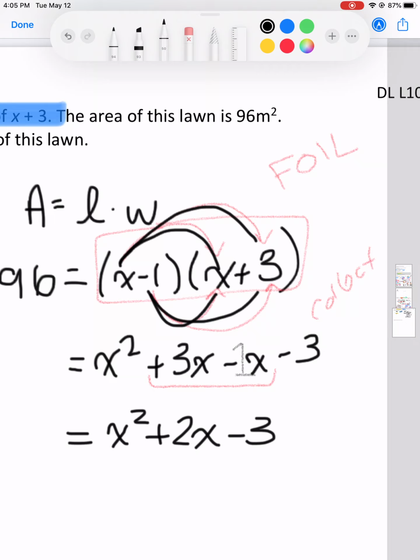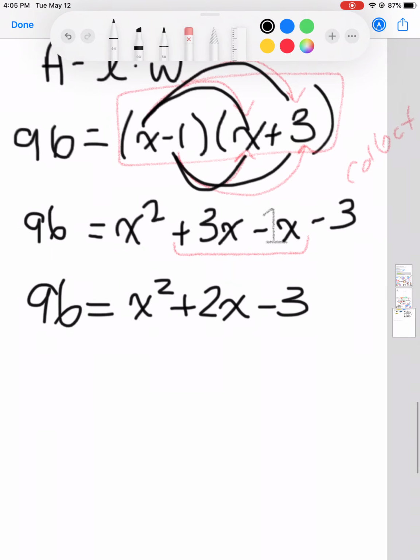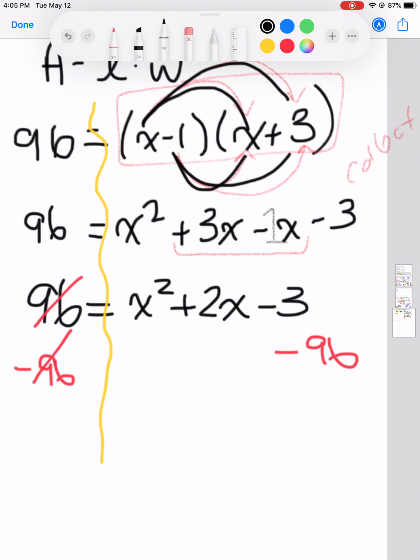So, can't forget this 96 over here. It has to equal 0. So, how do I get 96 to 0? Subtract 96. Left side, right side. So, those two cross out. That gives me 0 is equal to x squared plus 2x.